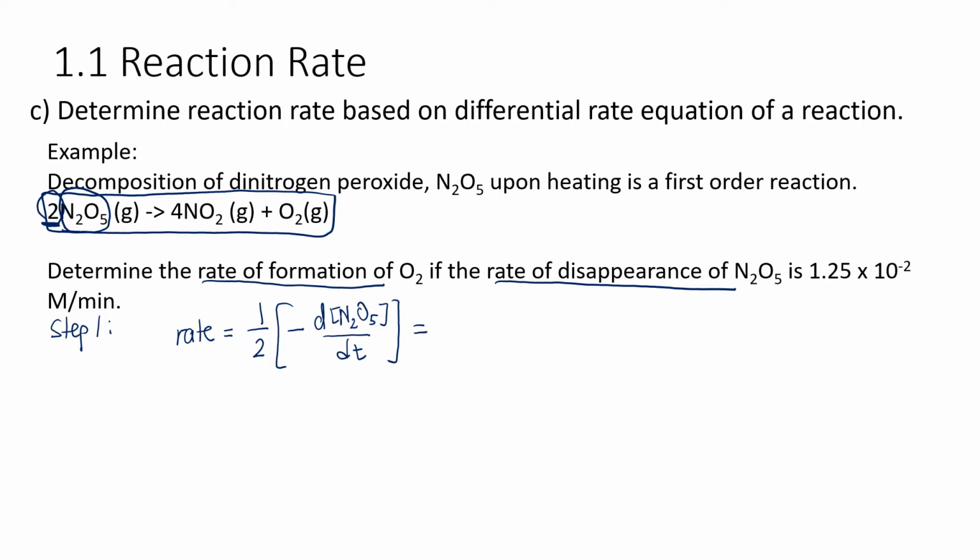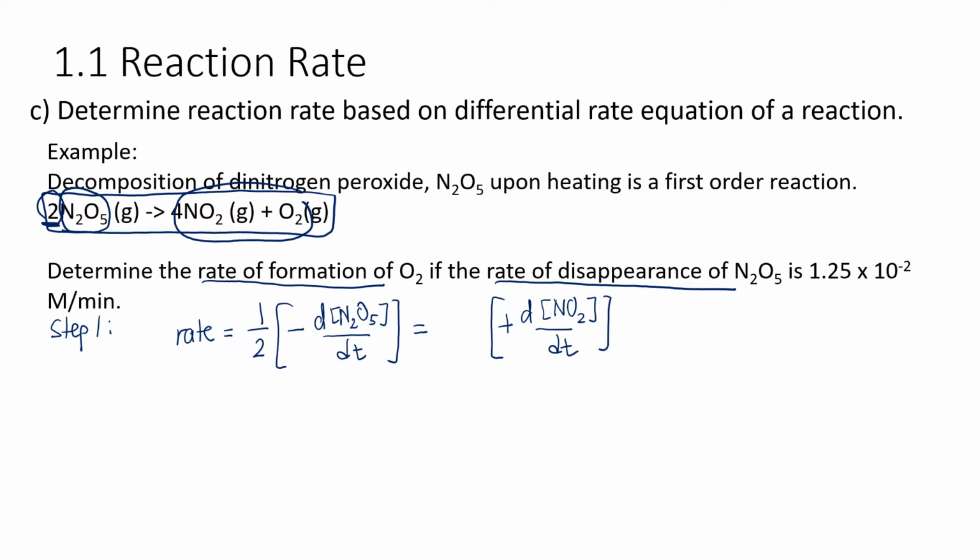equal to, so NO2 and oxygen, they are products. As the reactions proceed, product will be formed. Therefore, when we write in the differential rate equation expression, product will have the sign positive, meaning that it is being formed throughout the reaction, and the concentrations of product will increase as the reaction proceeds.